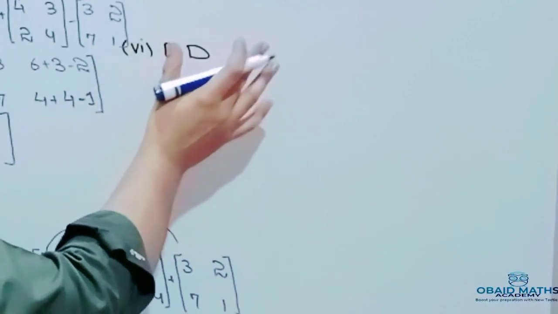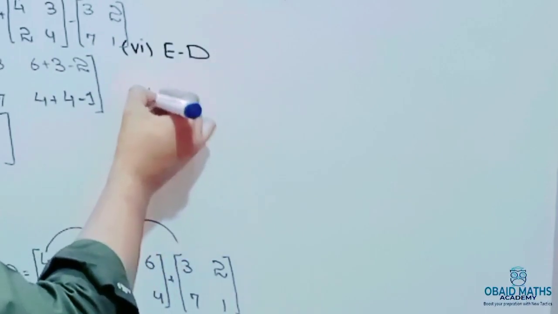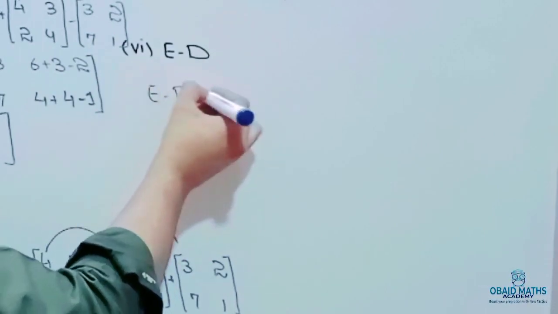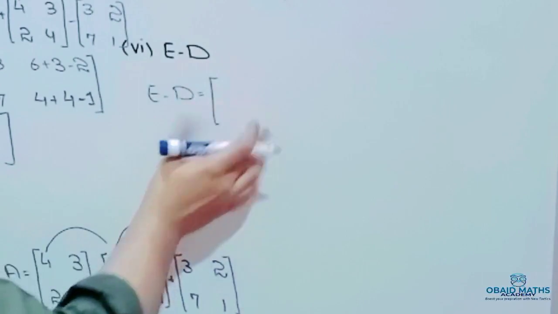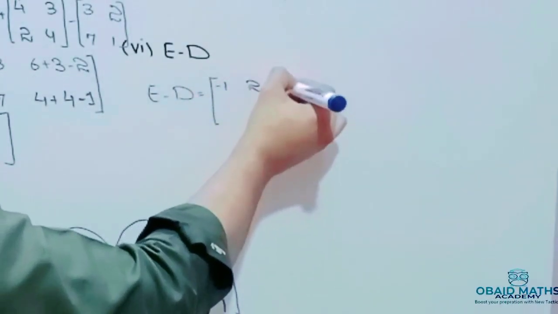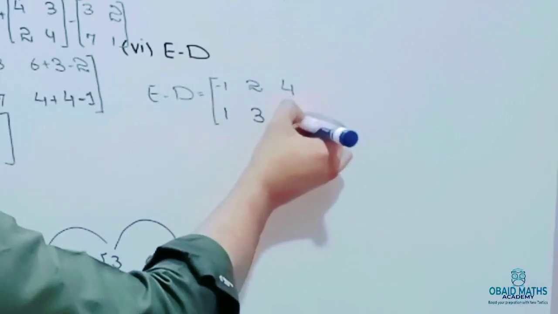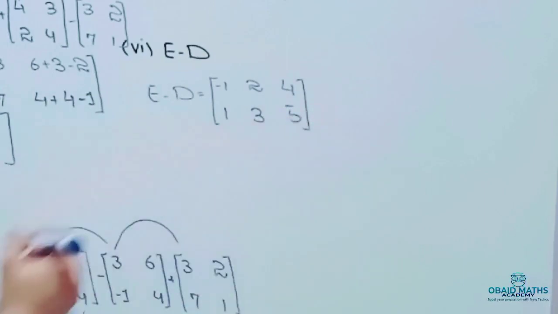So we will just follow the method of the positioning of E and D matrices. E minus D is equal to matrix E, minus 1, 2, 4, 1, 3, 5, matrix close.